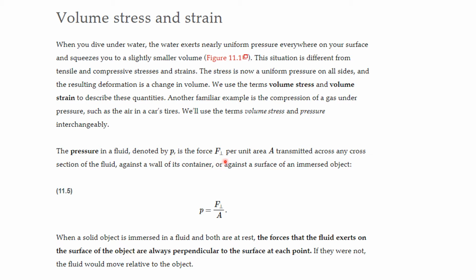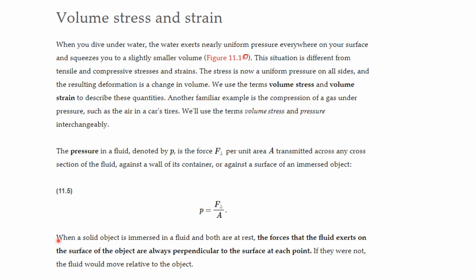That's what this F sub perpendicular symbol means. F perpendicular per unit area, transmitted across any cross-section of the fluid against a wall of its container or against a surface of an immersed object. Now, if the force is not perpendicular, it's at an angle, trigonometry comes into play. So here's the equation. The pressure is the perpendicular force per unit area.